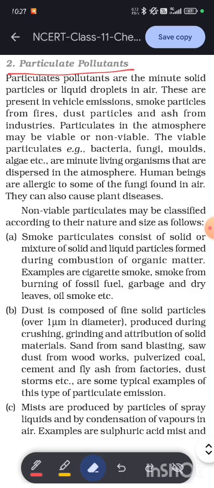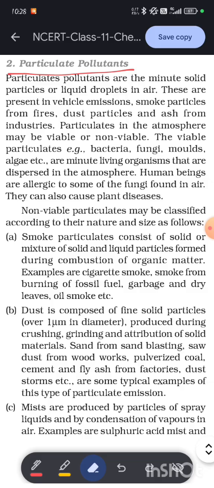Particulates in the atmosphere may be viable or non-viable. The viable particulates, for example bacteria, fungi, moulds, algae, etc., are minute living organisms that are dispersed in the atmosphere. Human beings are allergic to some of the fungi found in air. They can also cause plant disease.